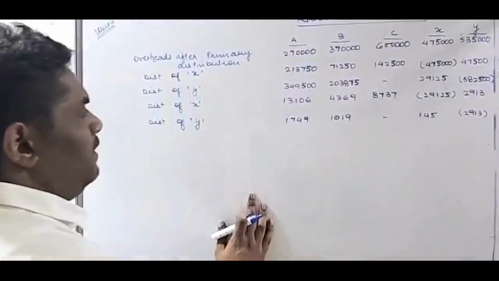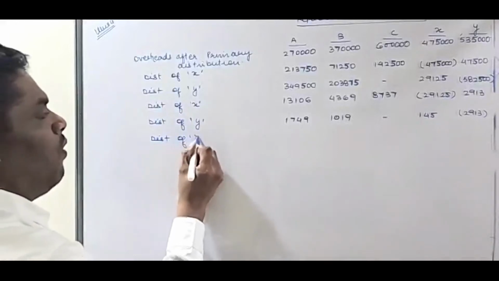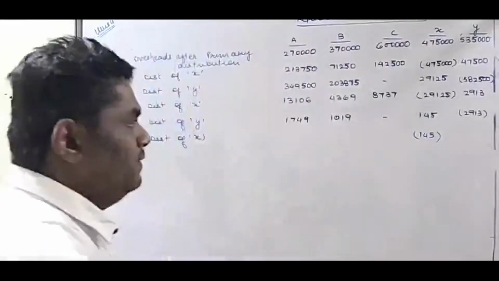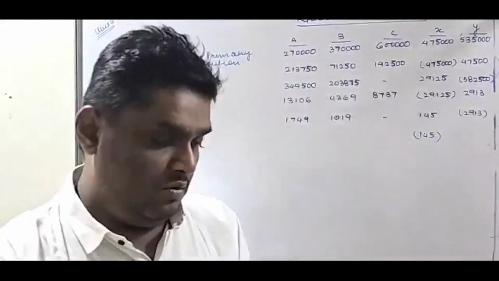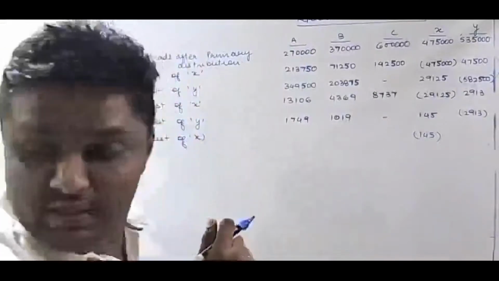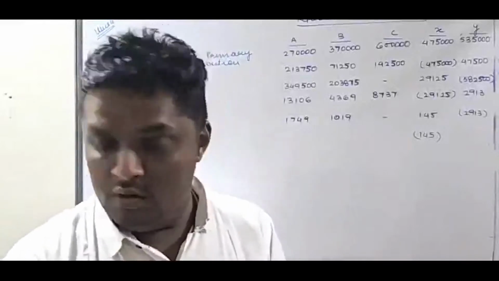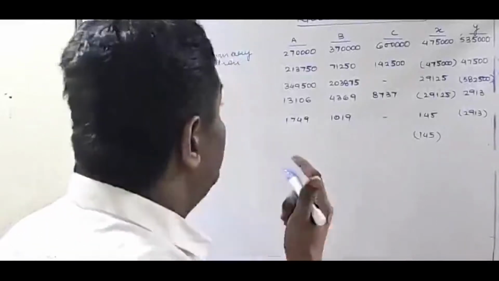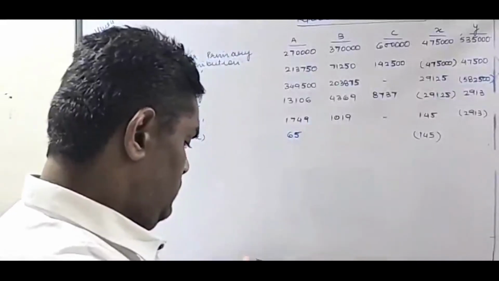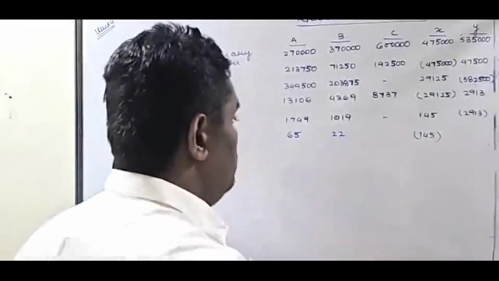Now again, we have to distribute X. So this will be 145, we'll subtract. So 87, 60%, I think, sorry. 45% goes to A, so this will be 65. So this will be 22.